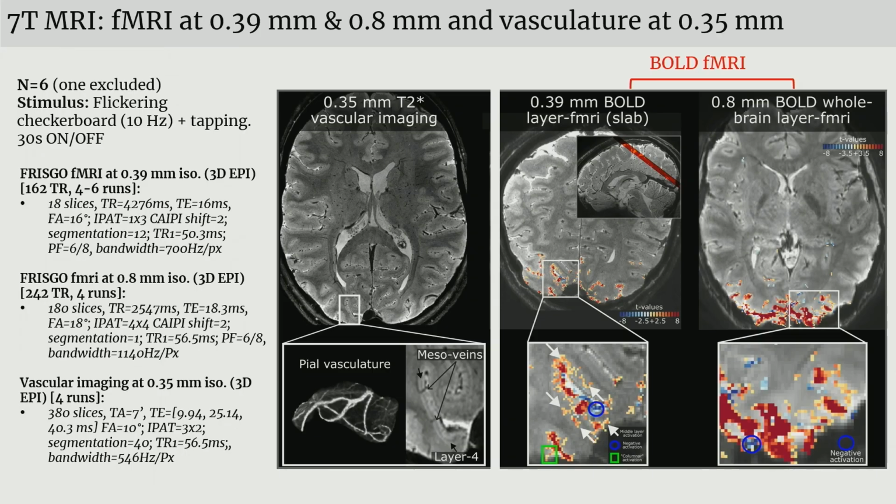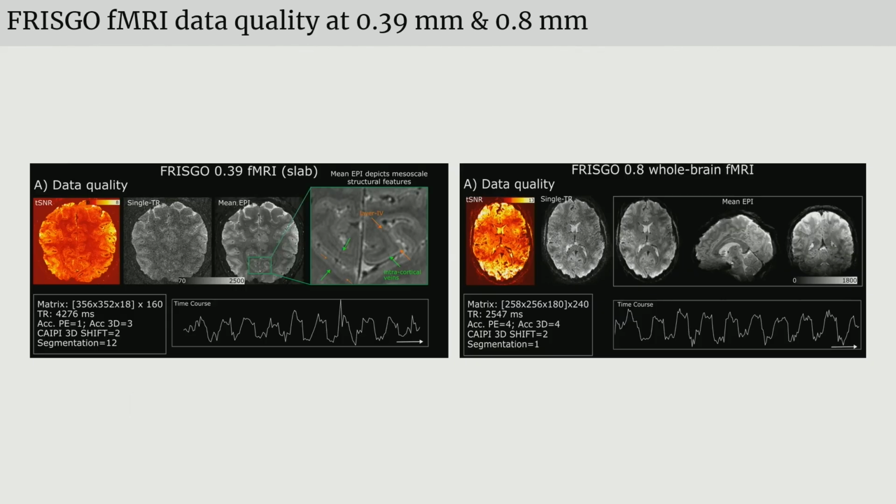And in both cases, the participant, while lying in the scanner, was exposed to a flickering checkerboard. So a very simple visual task, 30 seconds on, 30 seconds off. At the same time, they were also performing finger tapping. Both FRISCO protocols met our quality control criteria quite nicely, as you might see from the tSNR reaching double digits in both cases, or from the temporal modulation, which is very clear even at single voxel level after a few averages, of course.